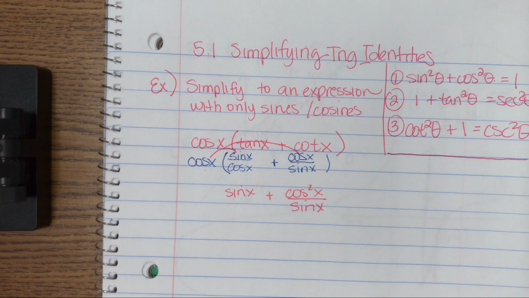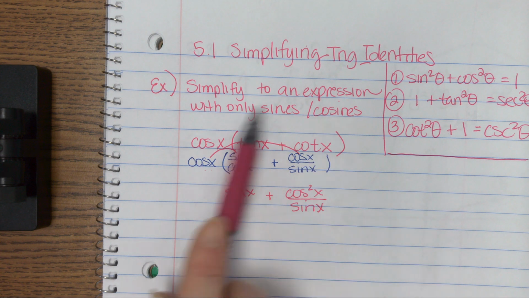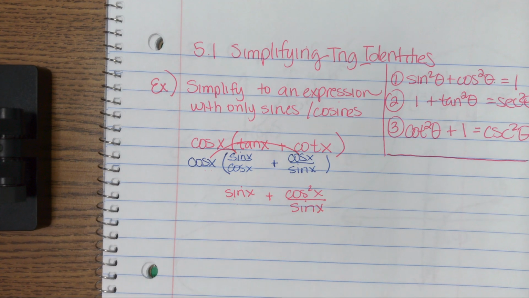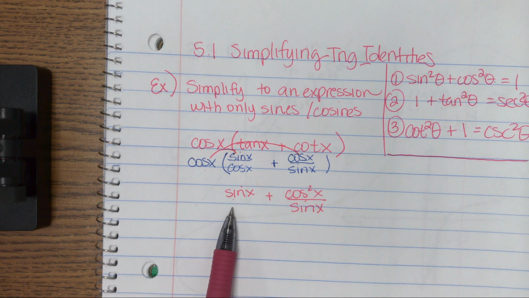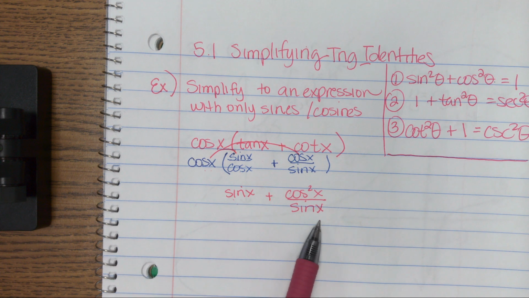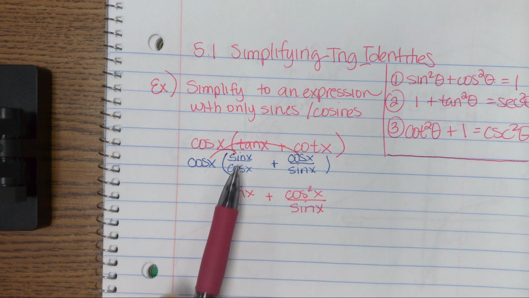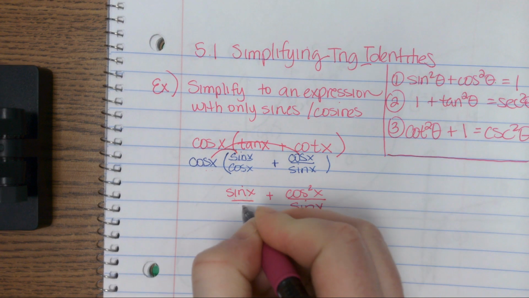But remember, we just want to involve sines and cosines, and what I will tell you as you're simplifying is if you have a fraction, you are going to want to get a common denominator and see if you can put those fractions together. This wasn't a fraction after the cosines cancel, but I'm going to put a 1 on the bottom here.